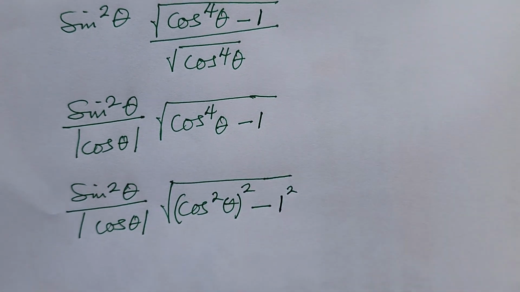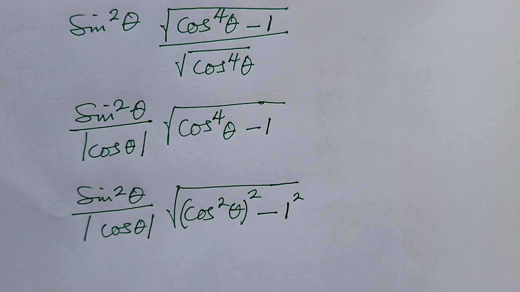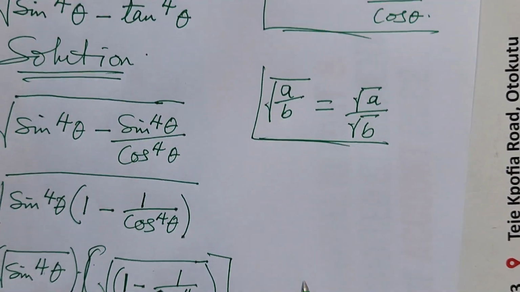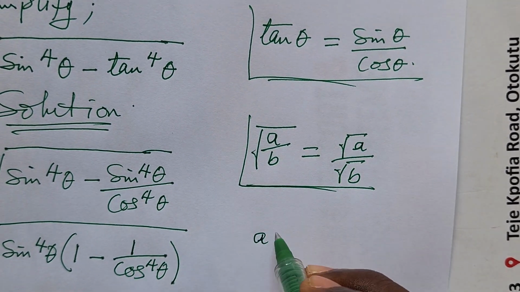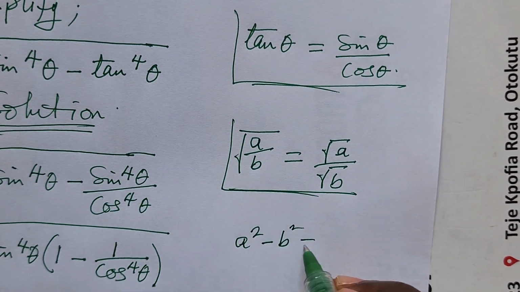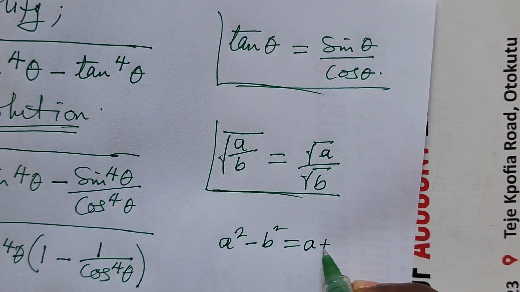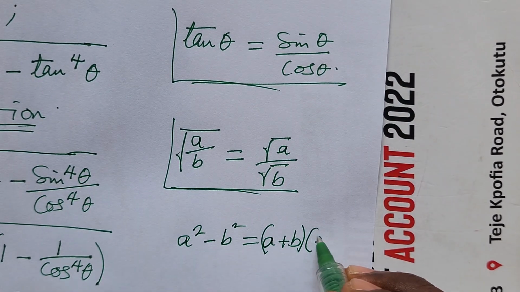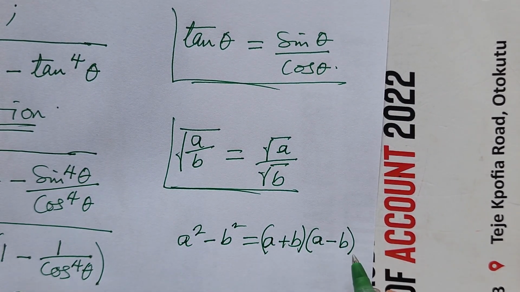And what can you see from this expression we have here now? This is a difference of 2 squares, right? Good. What does it say? It says that if you have a to the power of 2 minus b to the power of 2, this is equal to open bracket a plus b close bracket, then open bracket a minus b close bracket.